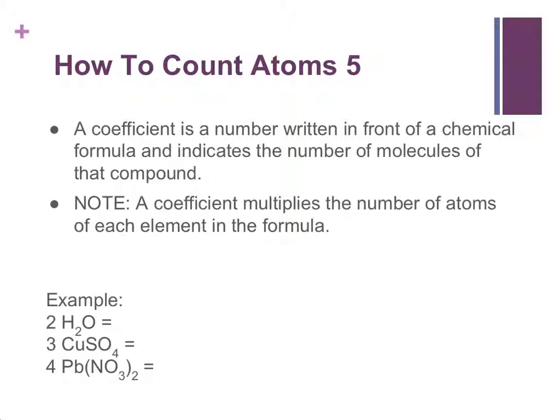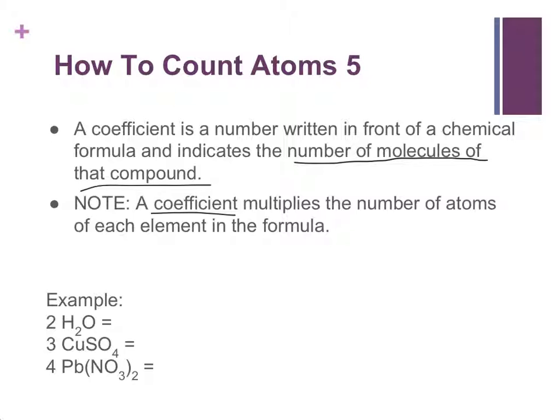Finally, if you have a coefficient, it is a number that's written in front of a chemical formula. It is going to indicate the number of molecules of that compound. So a coefficient is going to multiply the number of atoms of each element in the formula in a similar way that a subscript outside of a bracket does.